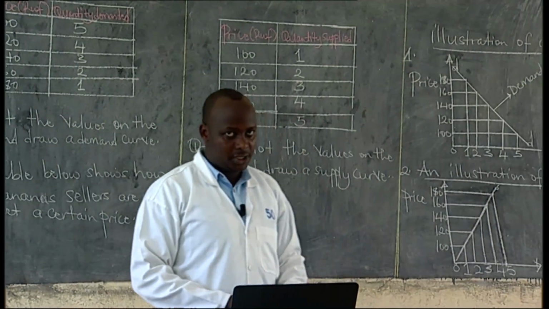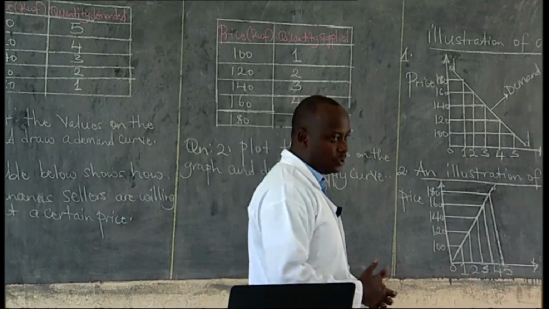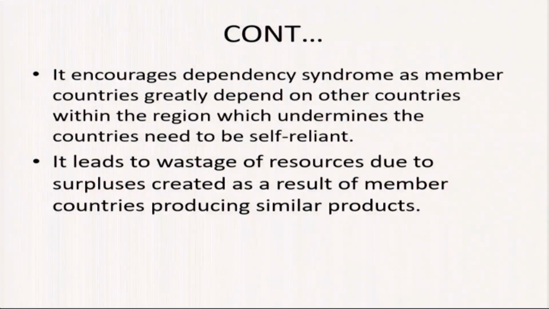The next point is, it leads to wastage of resources due to surplus created as a result of member countries producing similar products. For example, if member countries are producing similar products, this will cause wastage of resources.